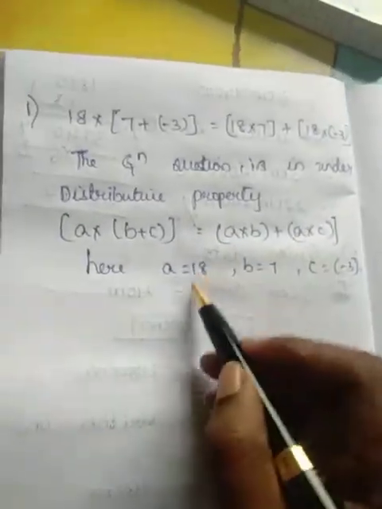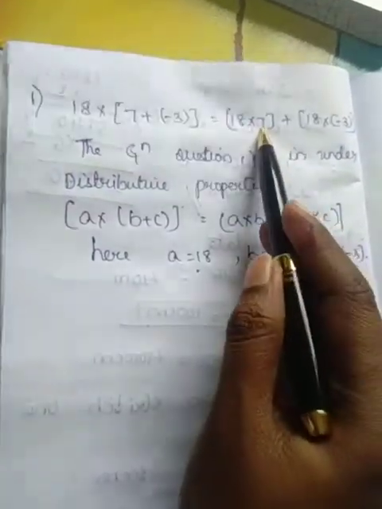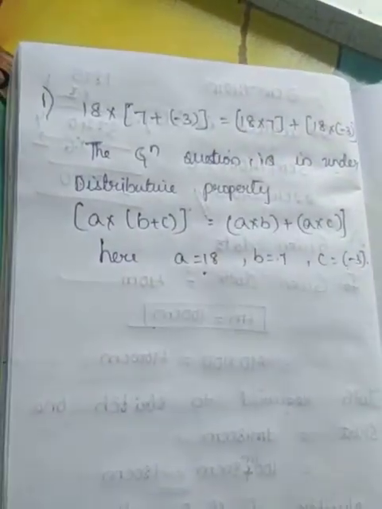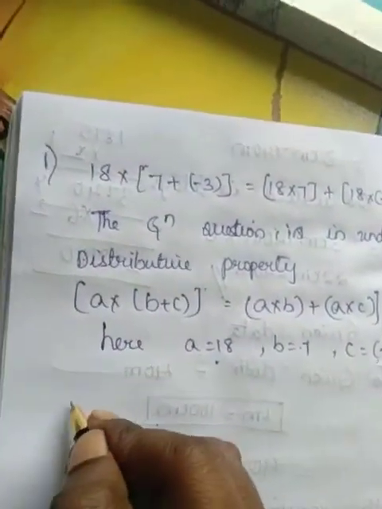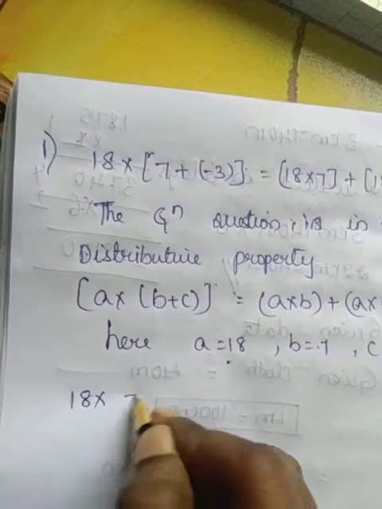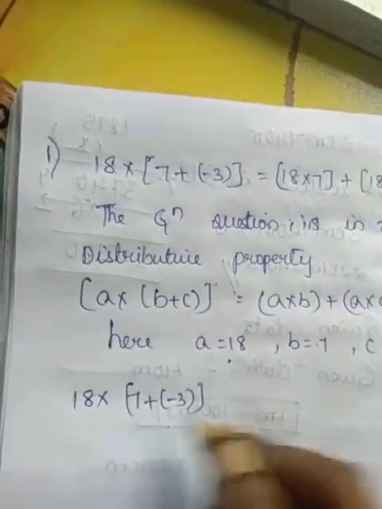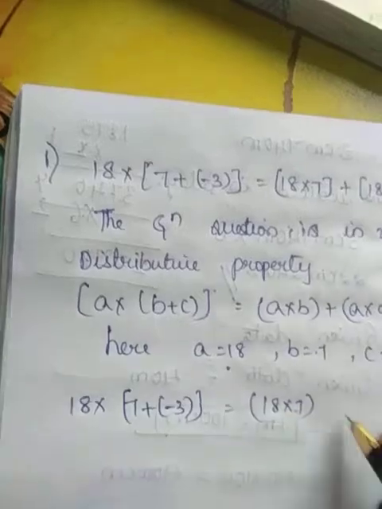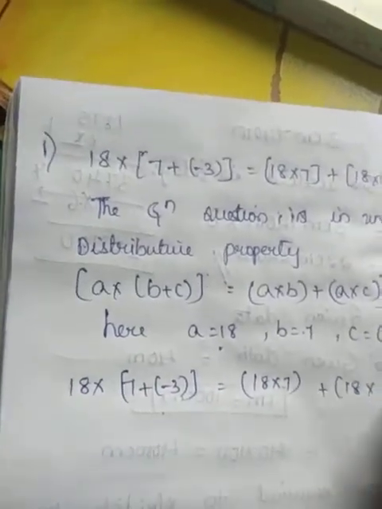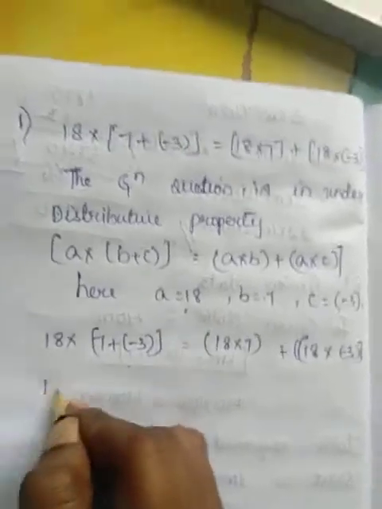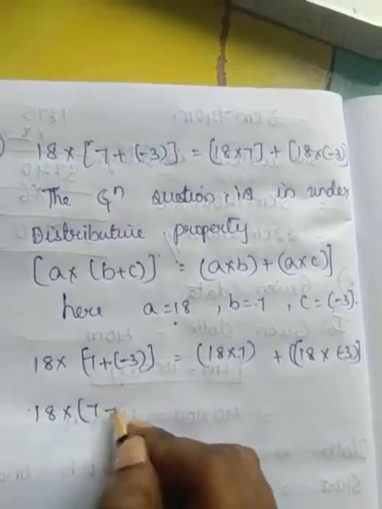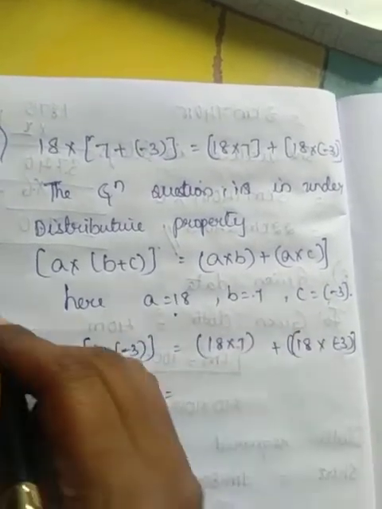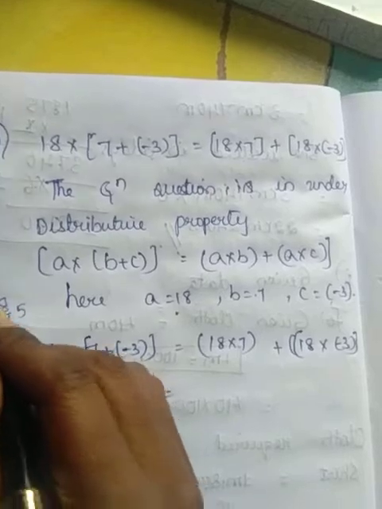Now verify whether LHS is equal to RHS or not. 18 into 7 plus of minus 3 equal to 18 into 7 plus 18 into minus 3. 18 into 7 minus 3, plus into minus is minus. 18 sevens are how much? 7 8s are 56, 7 1s are 7, 126.